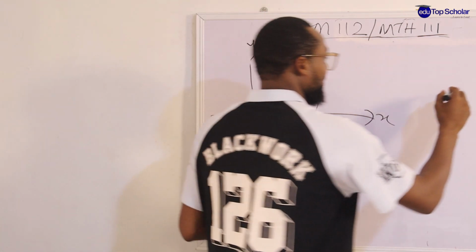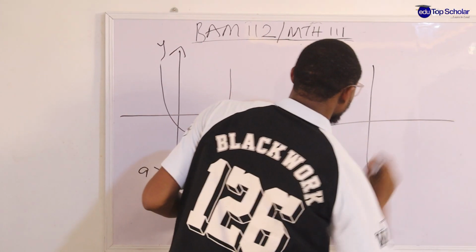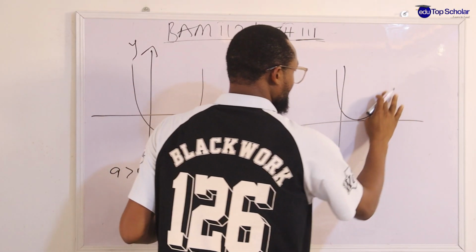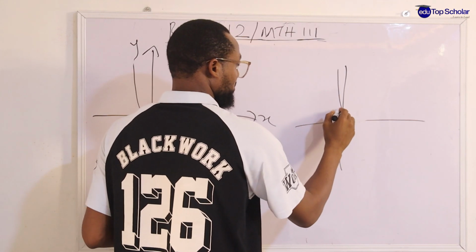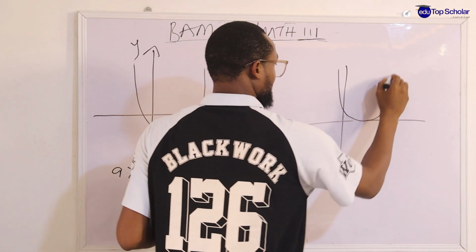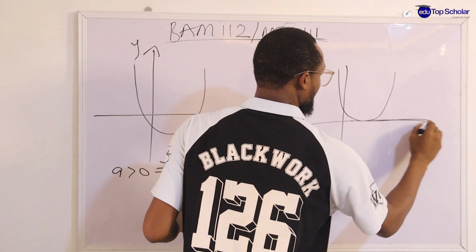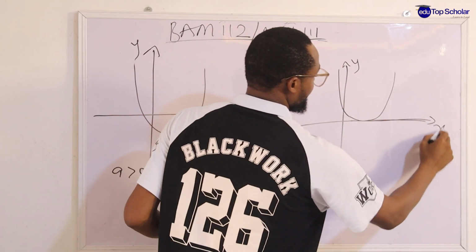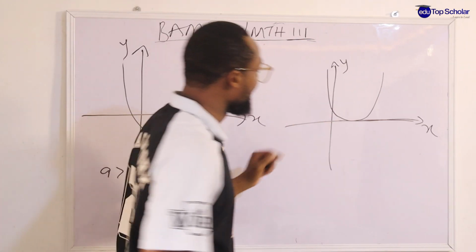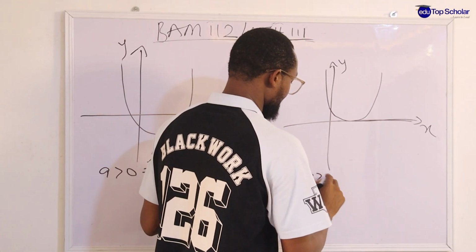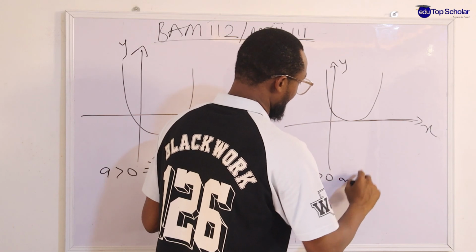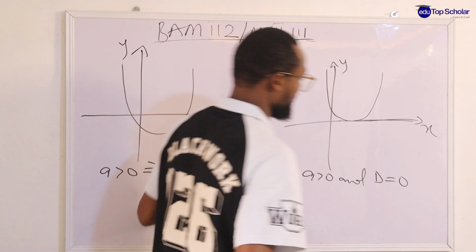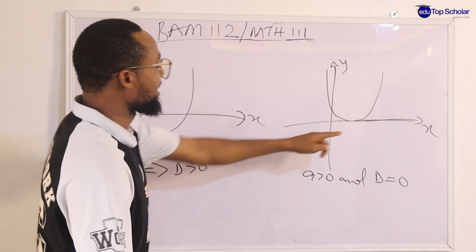Now, the other form that we can have is this. I want this to touch the x-axis. This is when our a is greater than 0 and our discriminant D is equal to 0, which implies that we have equal roots.